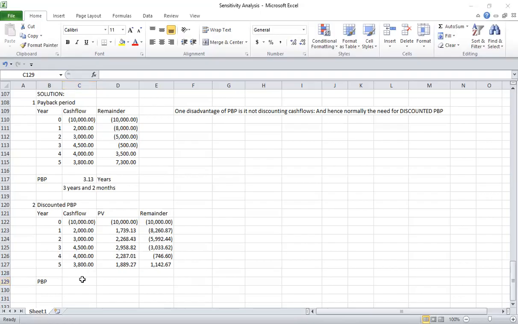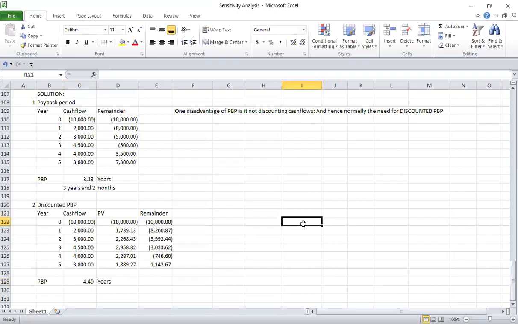So he has determined it as equal to 4 years, the first 4 full years that we require, plus negative 746.60 divided by the collection for year 5. That's 4.40. Remember, these are years.